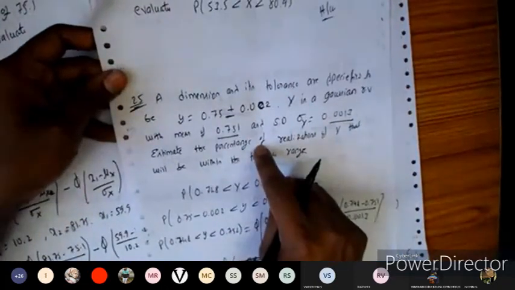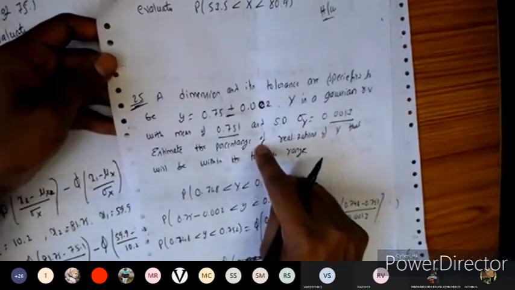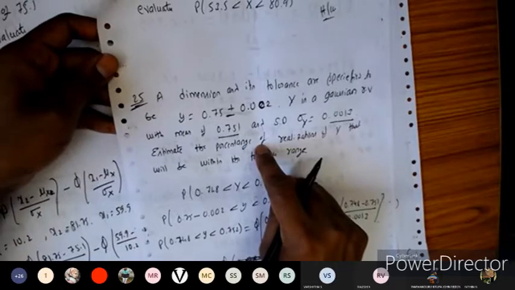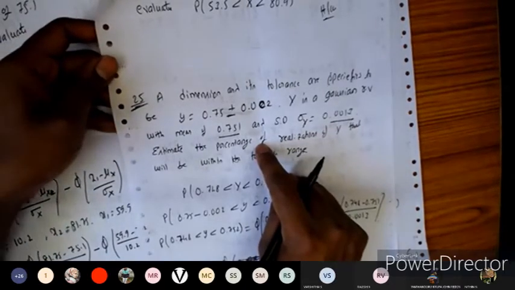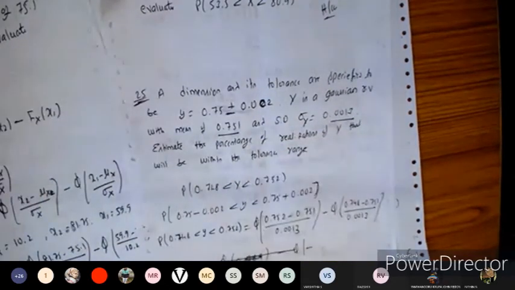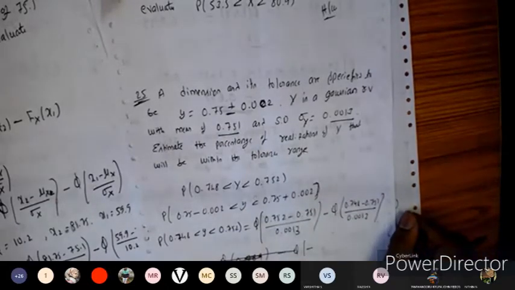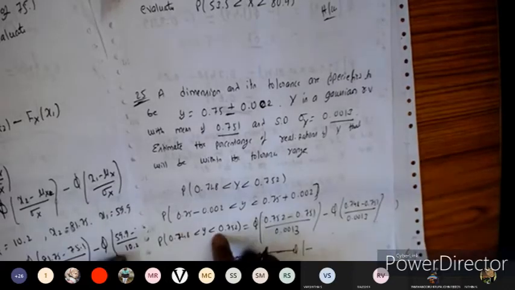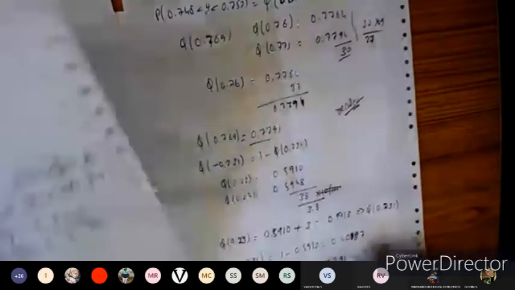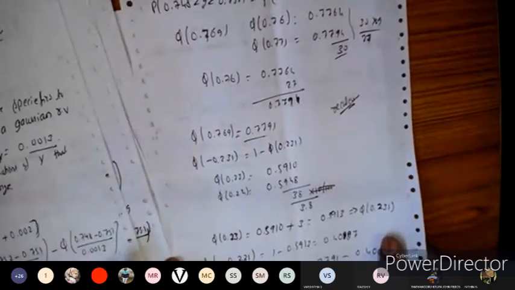Problem number 25. This problem. Can you repeat? Sir, there it is 2.31. Okay. You have taken phi of minus 2.31, sir.